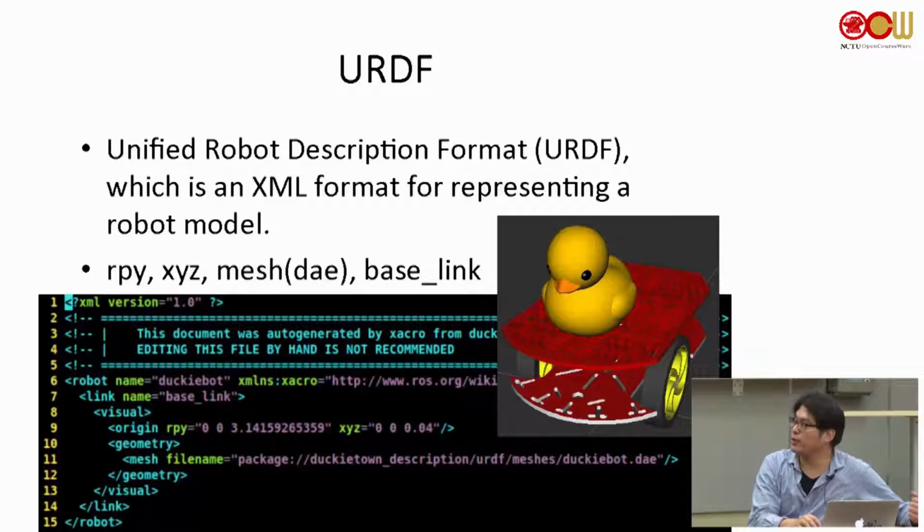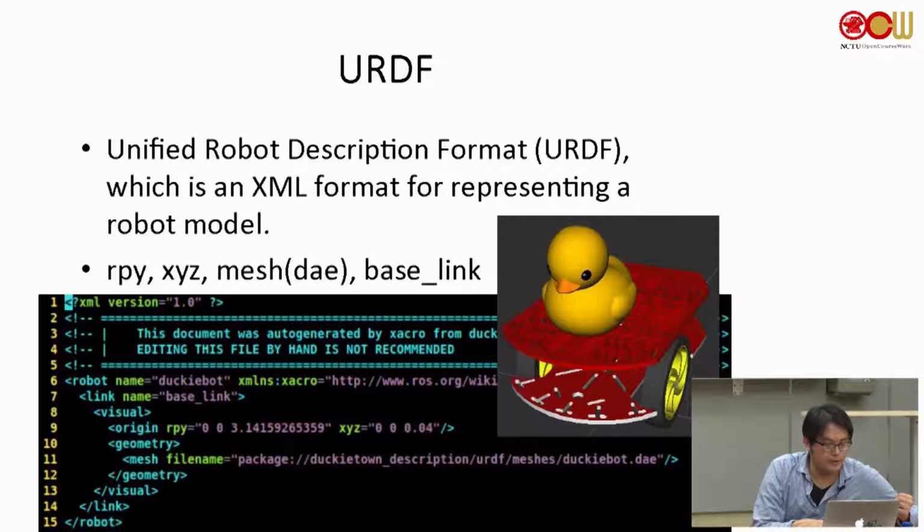First thing we would like to introduce is called URDF, Unified Robot Description Format. It's an XML format, and you can see it over there, with some of the attributes and values in this XML.